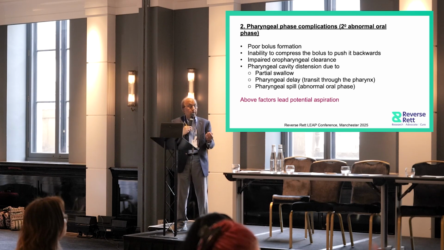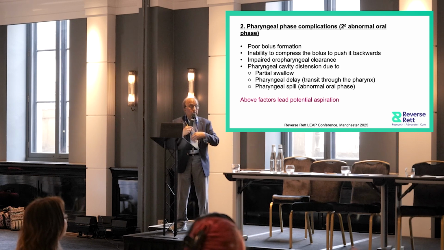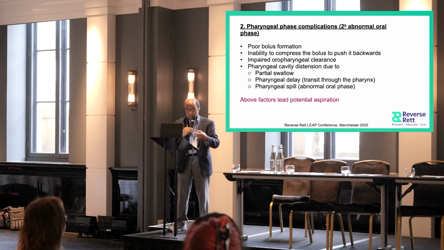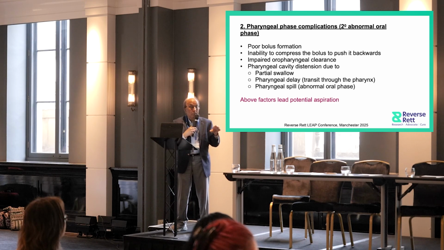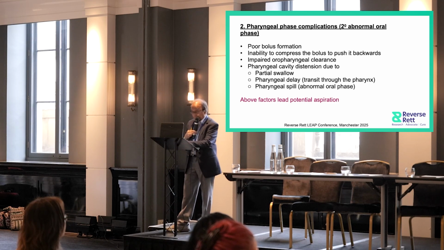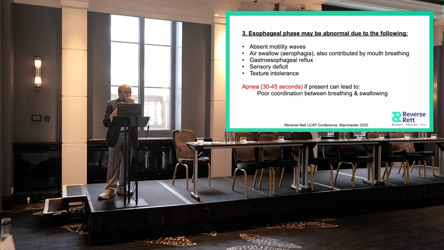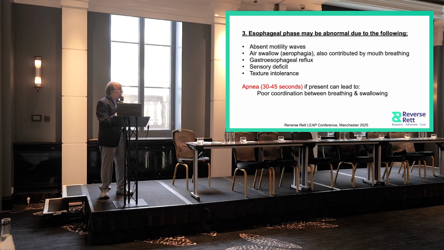And there may be pharyngeal spill even from the esophagus. Some of it can come back. And all these may contribute to the aspiration. In the esophagus, in some patients, the motility waves may be reduced.